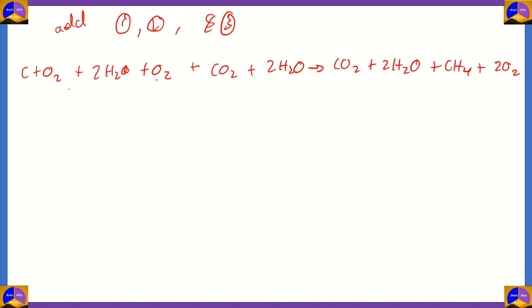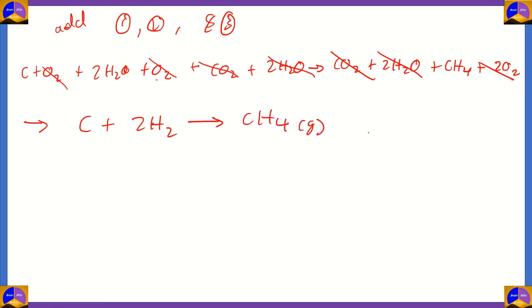So, O2 plus O2 gives you 2O2, so that gets cancelled. And CO2 and H2O are present on both sides, so both of them get cancelled. What we have left is C plus 2H2, which will give us CH4.